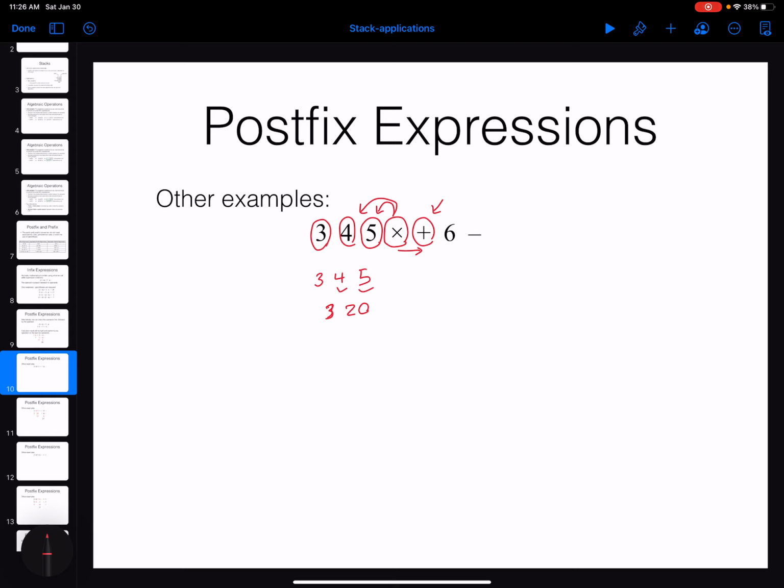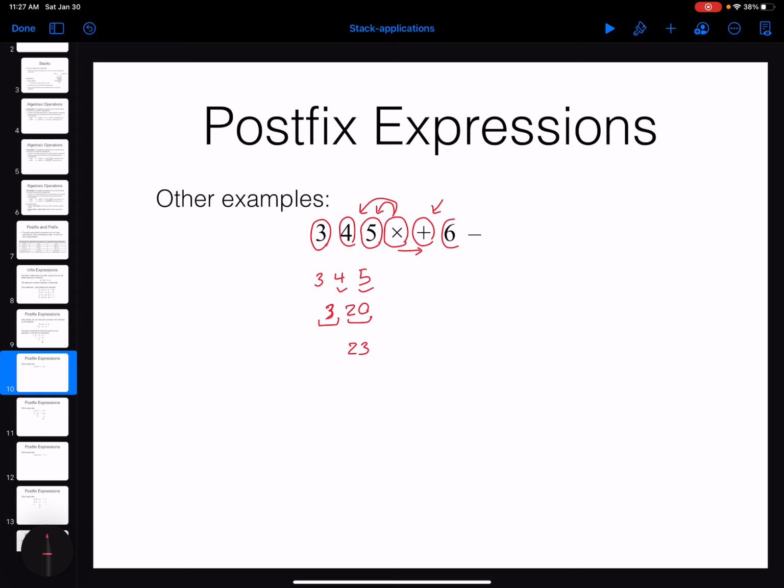The only thing that matters is that you should just look back and find the operands for them. So for plus, I should look back and find the two operands for it. One of them is going to be 20, the other one is going to be 3. So 3 plus 20, the result is going to be 23. And now I'm going to keep 23 and nothing else.